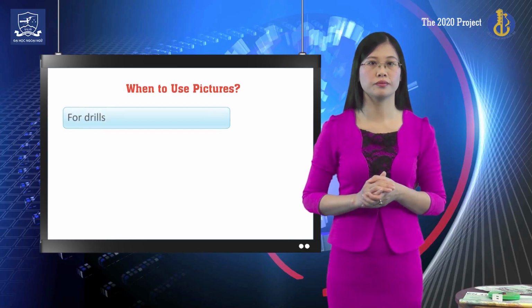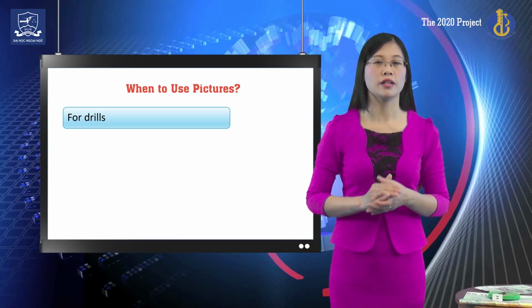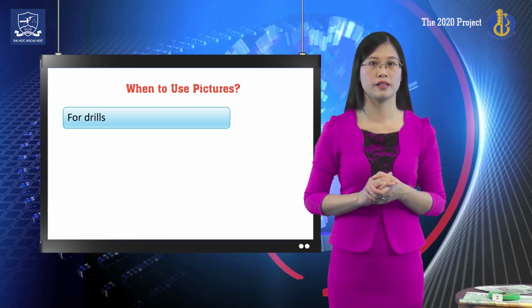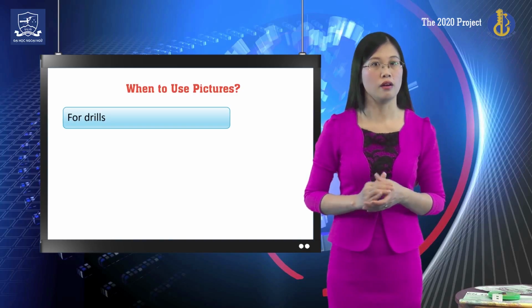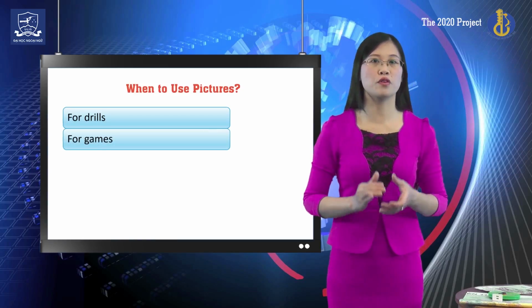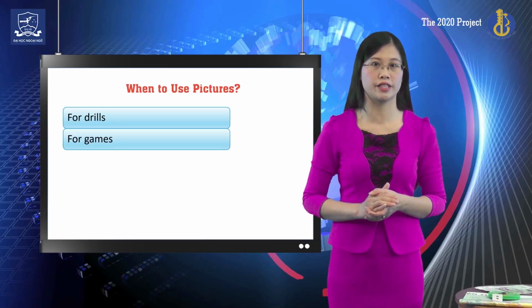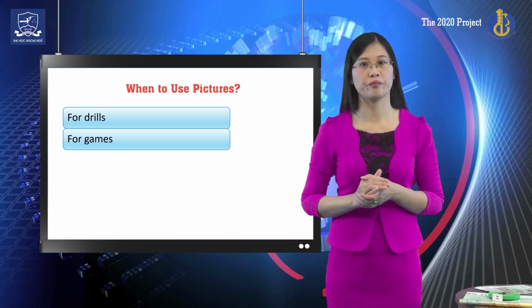For drills, pictures are used to drill grammar items, cue different sentences, practice vocabulary, or elicit a response. For games, pictures are extremely useful for a variety of communication activities, such as describe and draw.